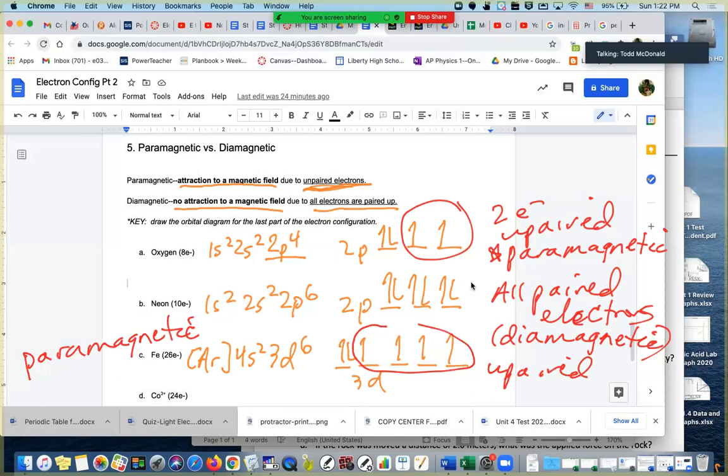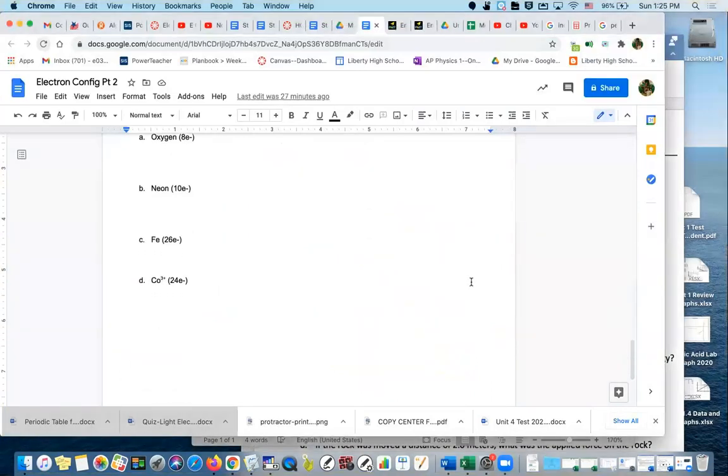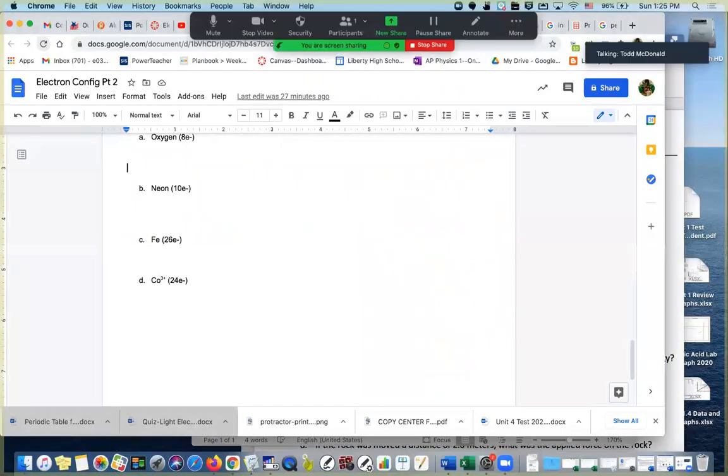Let me do one more example with you with cobalt 3+. We'll go through the same process. Remember, we have to go to the neutral cobalt first before we remove. So we'll go with argon, 4s2, 3d, 1, 2, 3, 4, 5, 6, 7 is what neutral cobalt would look like. So if I want to go cobalt 2 plus, sorry, it's 3 plus, isn't it?